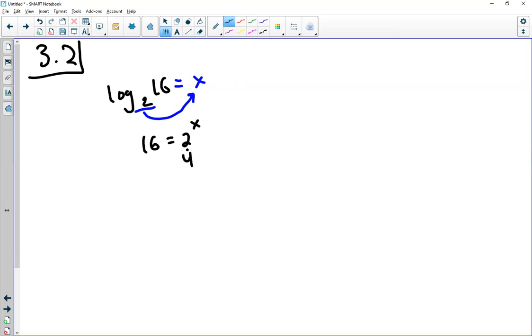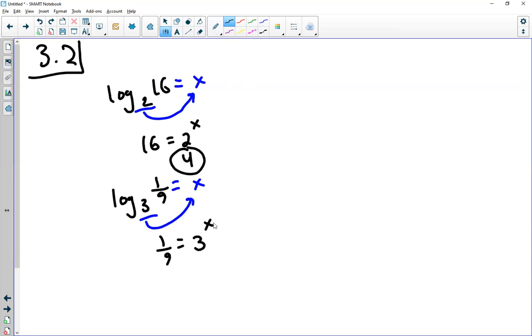So log base 3 of 1/9 equals x. This is how you would do it. You would move the 3 over here, so you get 1/9 equals 3 to the x power, which then you ask yourself what makes it.